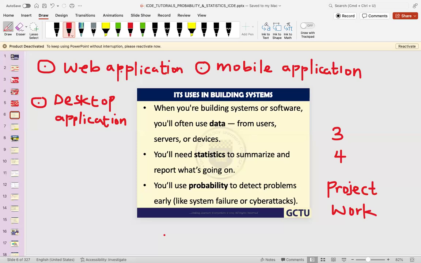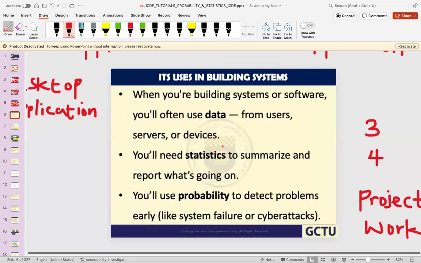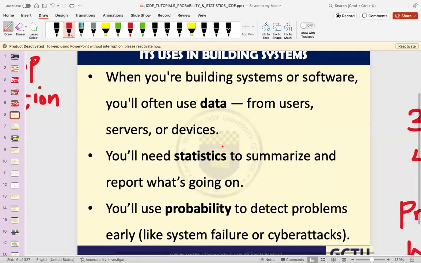In fact, you are doing IT because we want you to build a web app which can help people solve problems, either organizations or individuals, and so on and so forth. Same with mobile app, same with desktop application. Now, in building these systems, you often use data.